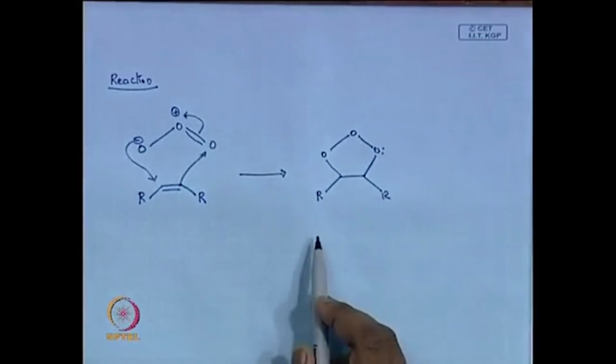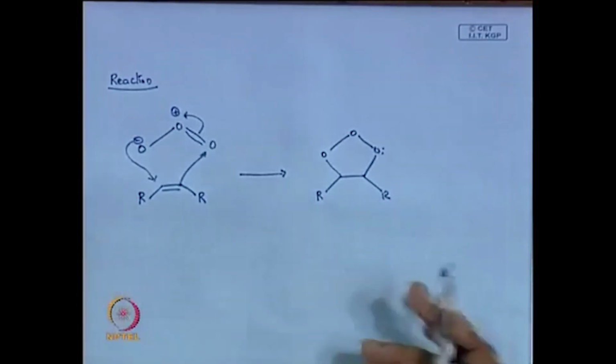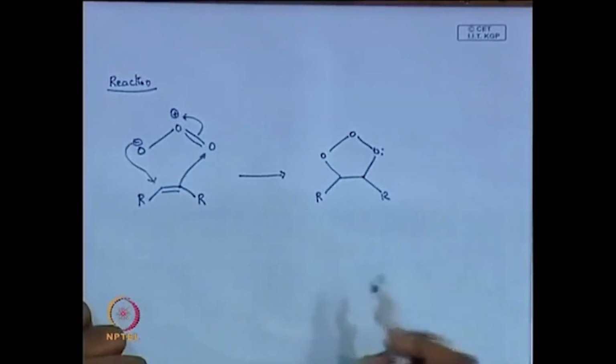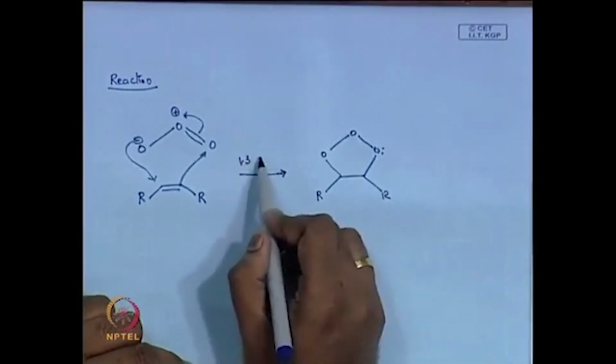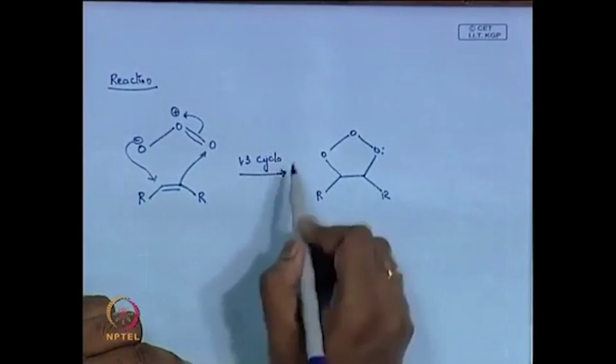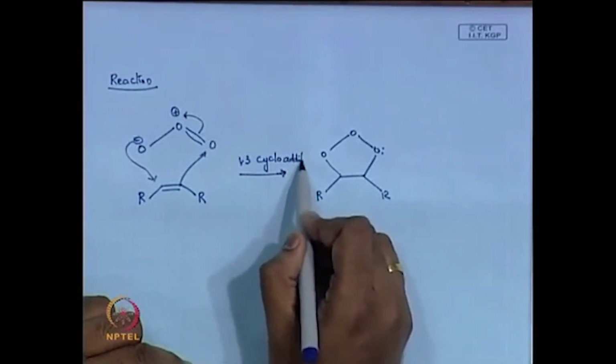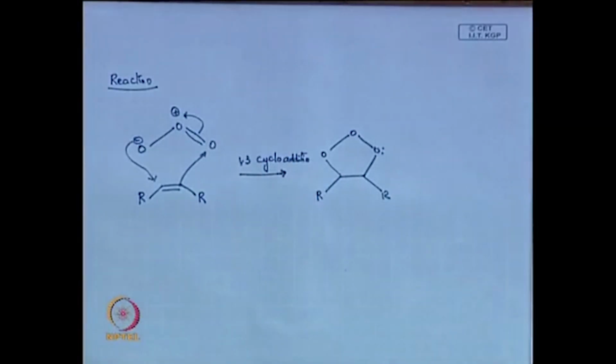So, what is this? This is an ozonide type of structure. See, the interesting part now is that this is your proper 1,3 dipolar cycloaddition.